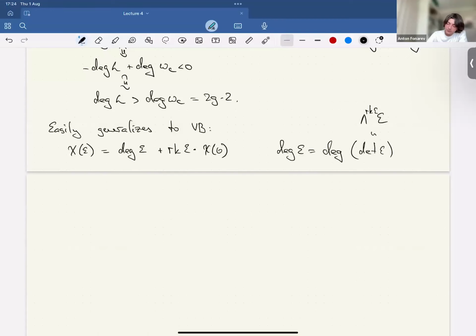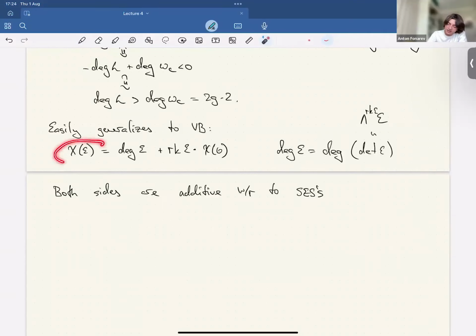And now from this, how do you derive this formula? Well, you quite easily derive this formula because actually you remark that both sides are additive with respect to short exact sequences. Indeed, what do we have here?